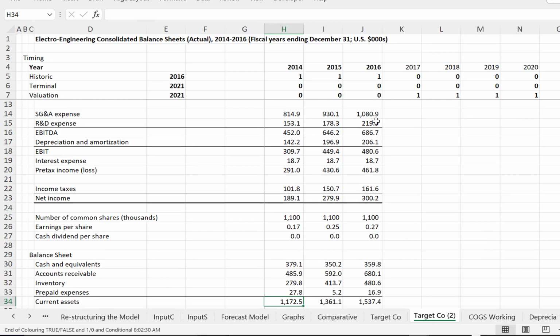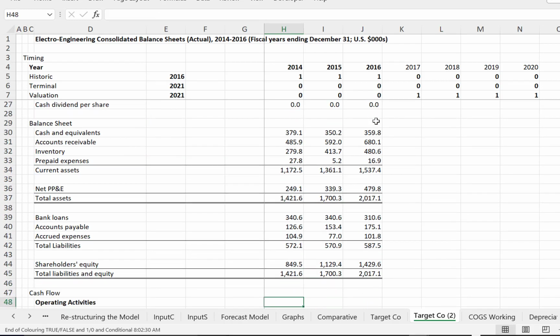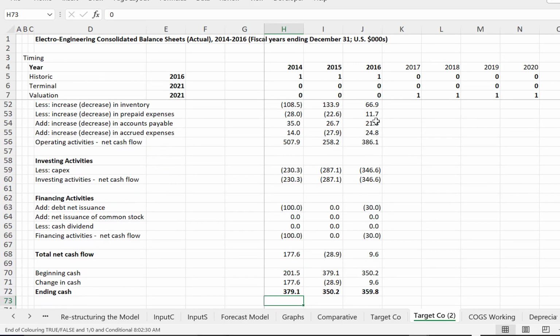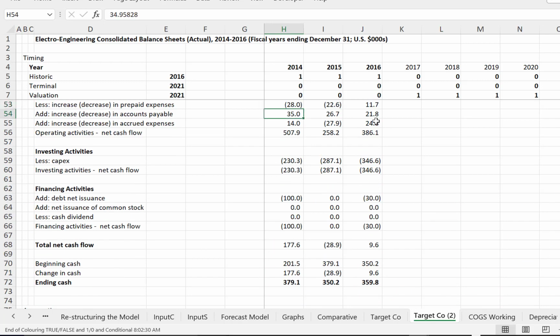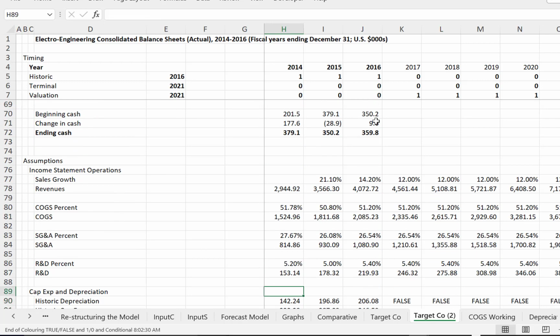We've got three statements of history: income statement, balance sheet, cash flow statement. Now, once you have the history, you set up a little switch. Okay, we set this up and we go forward, and I'm going to do this because this switch is so important.